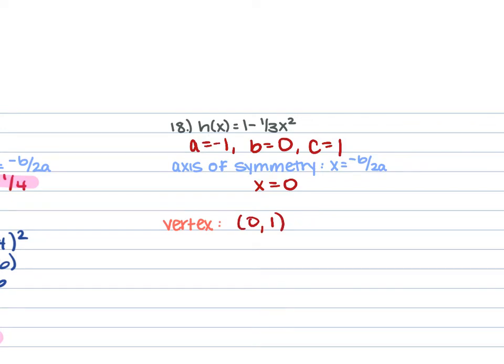And then we have a maximum value at 1. And again, I'm doing this because my x is 0, so I can go ahead and just plug that in, and my c value is going to be my y in my vertex, and the x is just going to be 0.